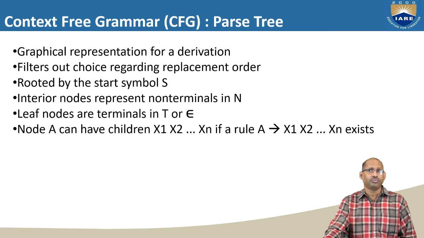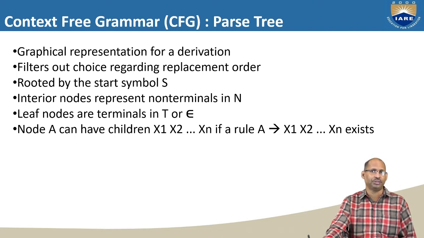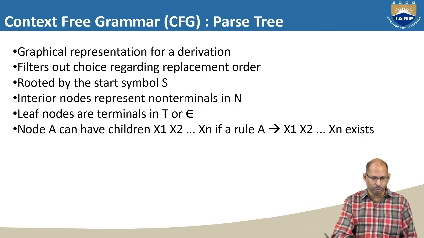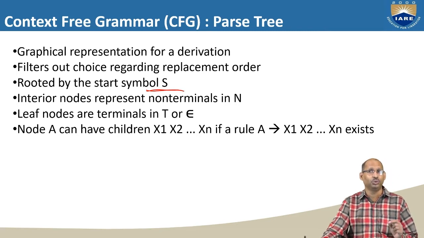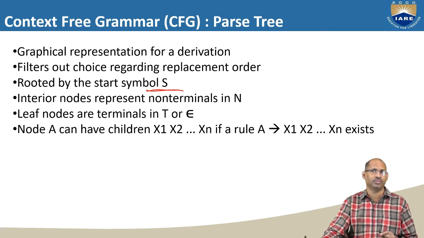Here, representing this in the graphical representation is called the derivation tree or parse tree, right? So here always the root is the start symbol. The start symbol will be the root of the parse tree, right?